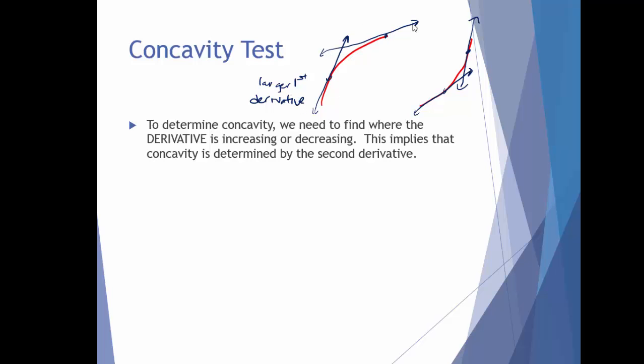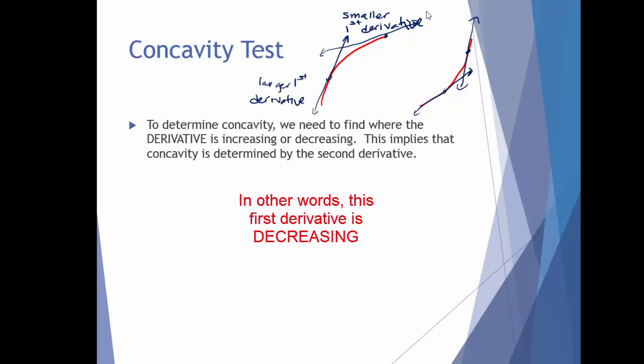As opposed to at this point, the first derivative is still positive, but it is a smaller first derivative. So we are talking about the rate at which that first derivative changes. It is a large first derivative going to a small first derivative.